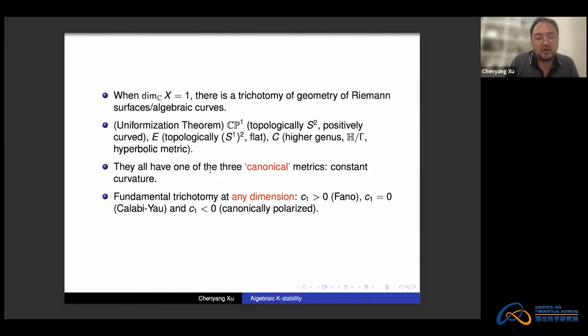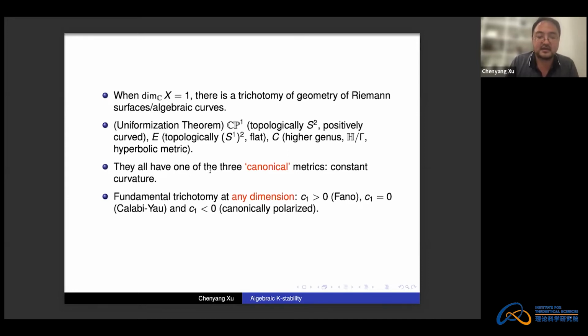There are different generalizations, but arguably the deepest generalization is looking at the sign of the first Chern class. CP1 corresponds to the case that C1 is positive, which we call a Fano variety, named after the Italian mathematician Gino Fano.